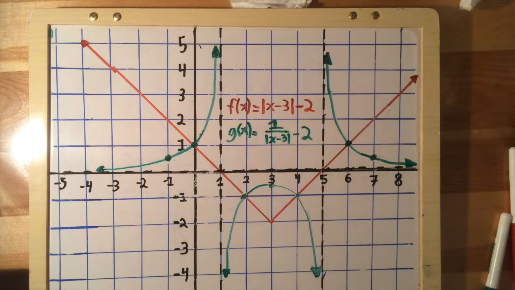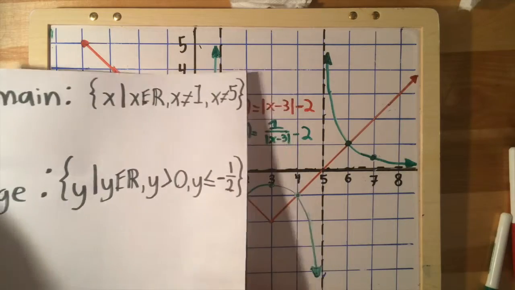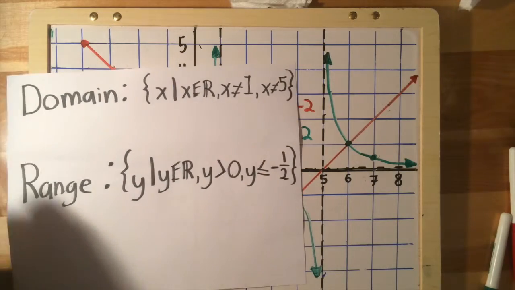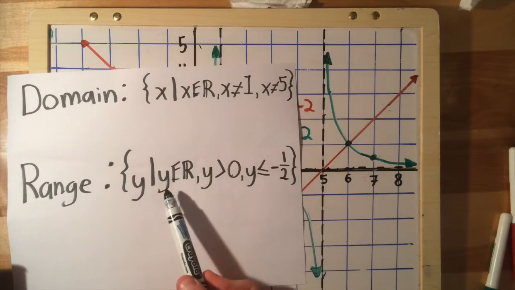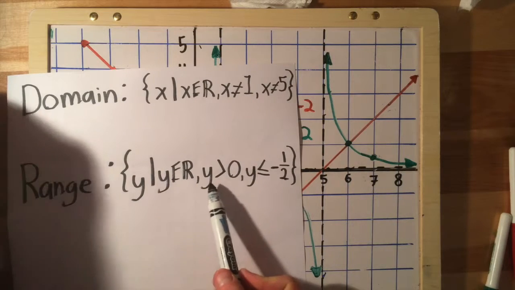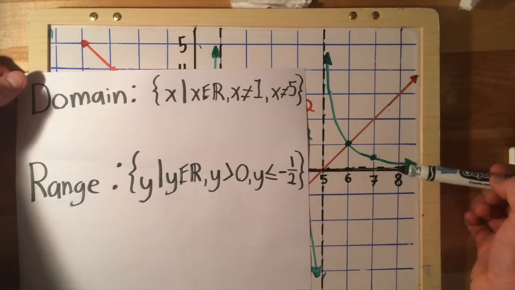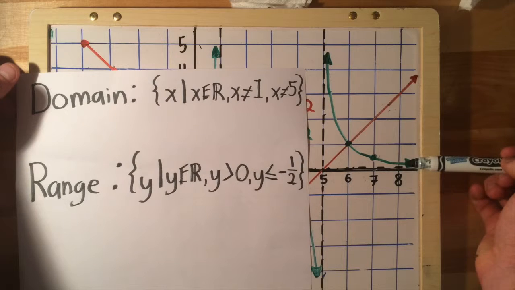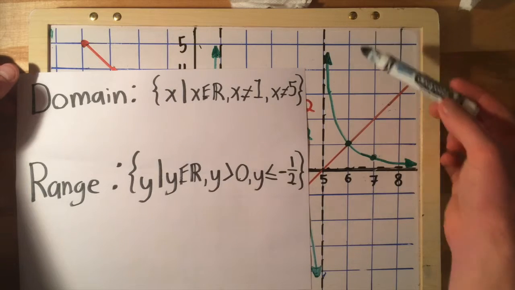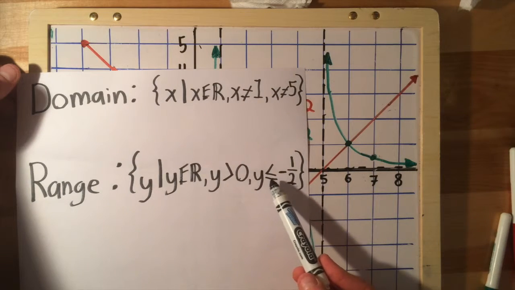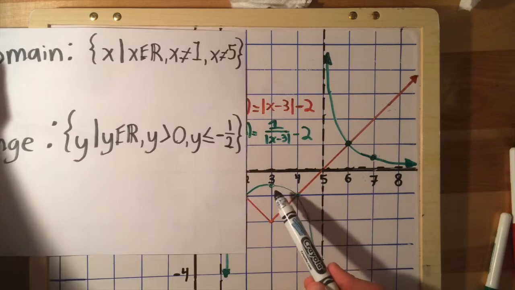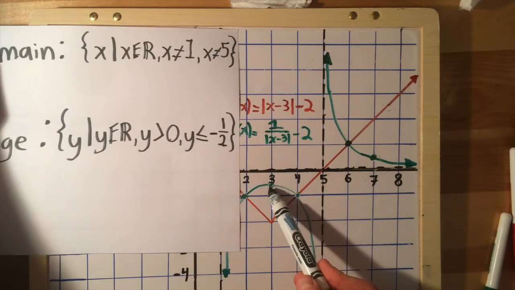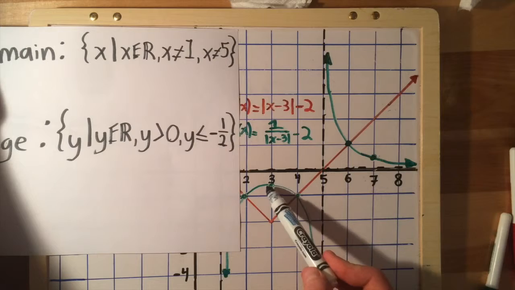So we can conclude that our range will be y such that y is a member of the reals, y is greater than 0 because above that asymptote it approaches it but never touches it, then it goes to infinity, and y is less than or equal to negative 1/2 because it starts at negative 1/2, so it's equal to it, or less than because after that it approaches negative infinity.